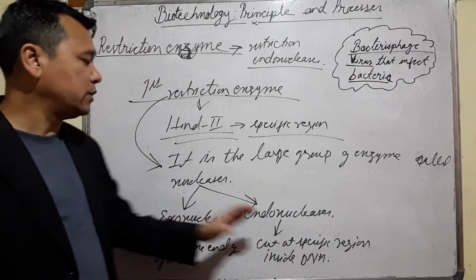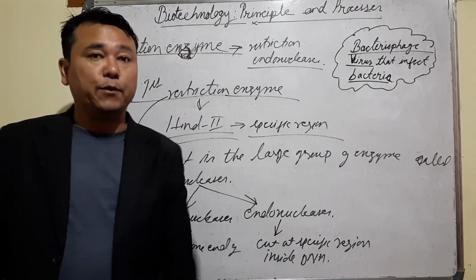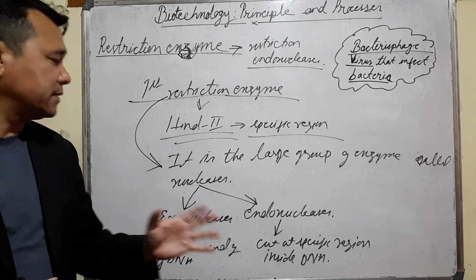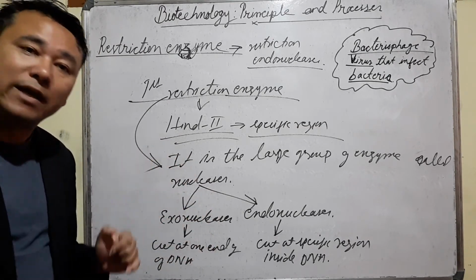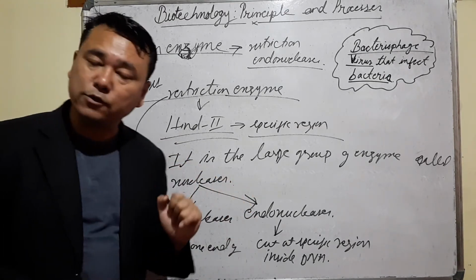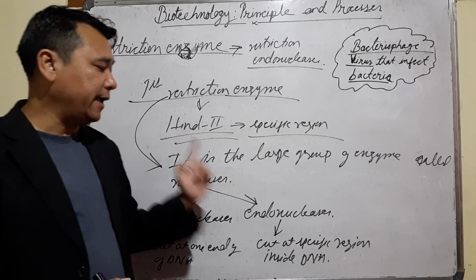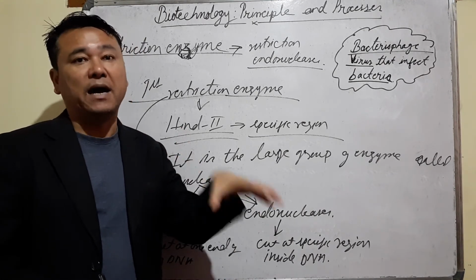So these are the two types of nucleases. What is a restriction enzyme? It is a large group of enzymes called nucleases. There are two types, endonucleases and exonucleases. Exonucleases cut at one end, while endonucleases cut at a specific region.